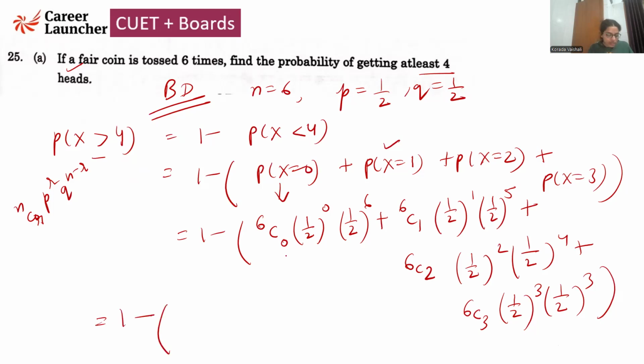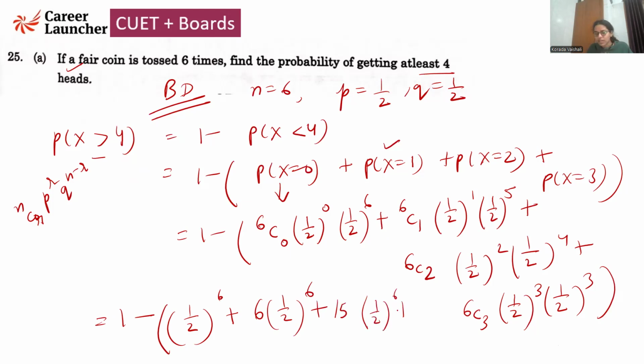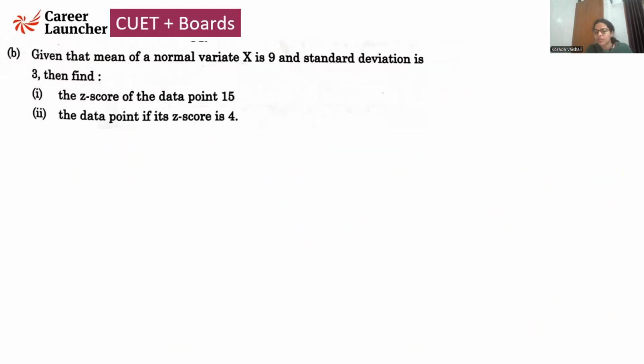6C0 is 1, so we have 1 by 2 to the power of 6. 6C1 is 6 and 1 by 2 to the power of 6, plus 6C2 is 15, and the power is the same for all of them, and 6C3 is 20, 1 by 2 to the power of 6. So I can take 1 by 2 to the power of 6 common.